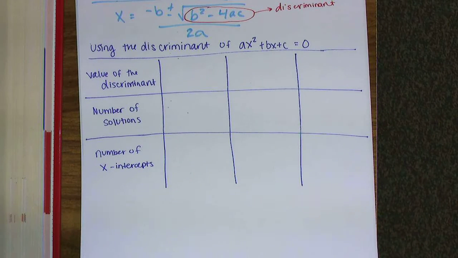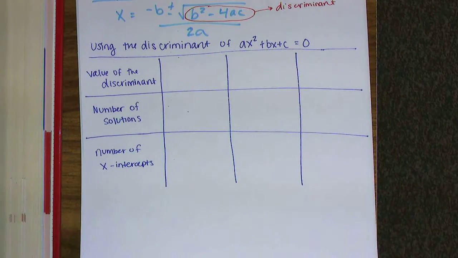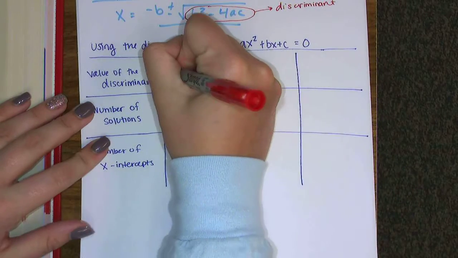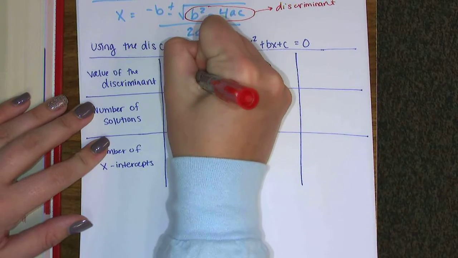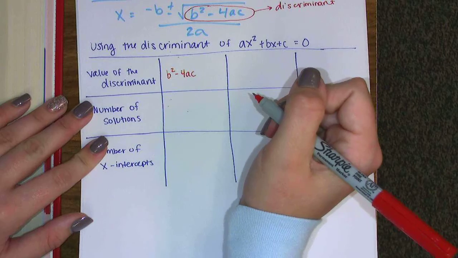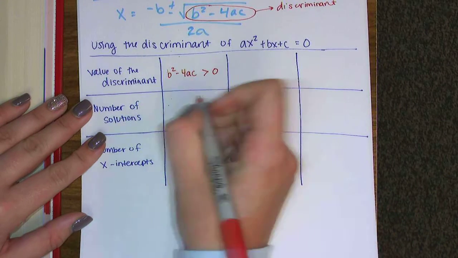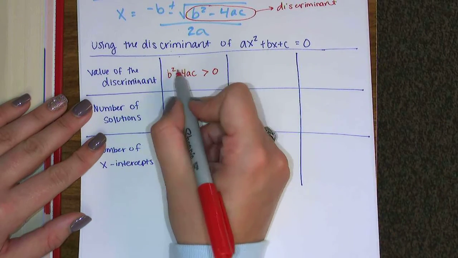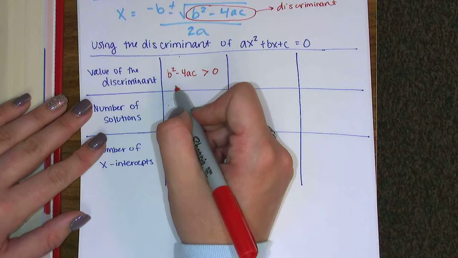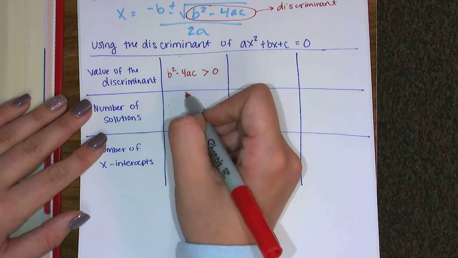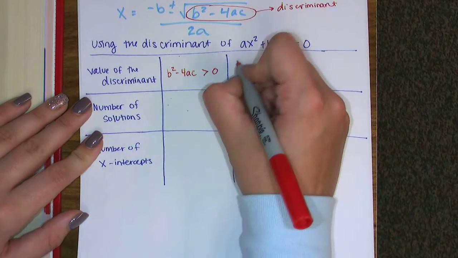So, value of the discriminant. Inside here, the value of this discriminant. So, the discriminant is b squared minus 4ac, right? Well, for this first one, we're going to look at what happens if it's greater than 0. So, if this is positive, we're going to show what happens here. Sorry, it just froze for a second.